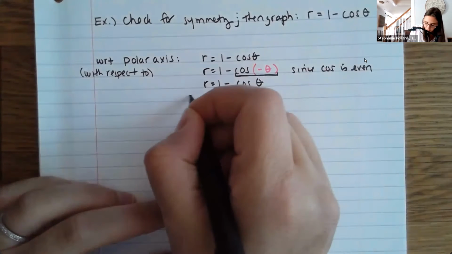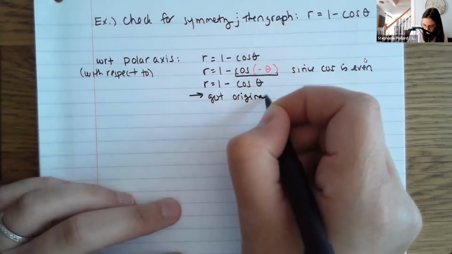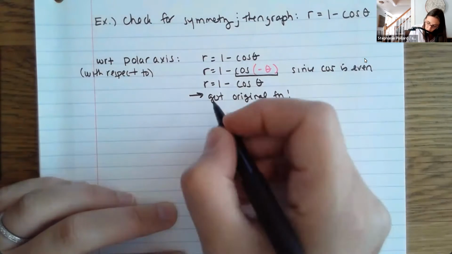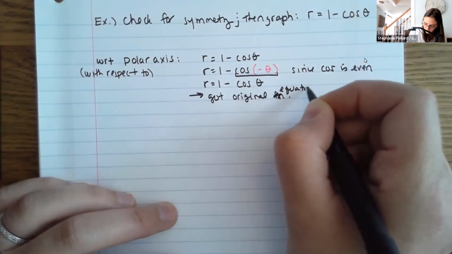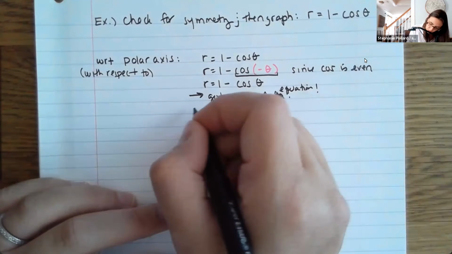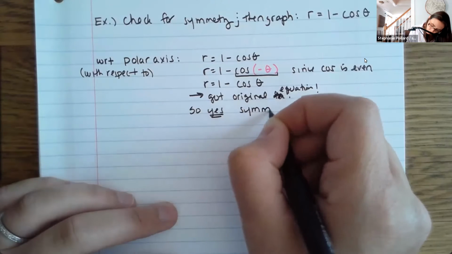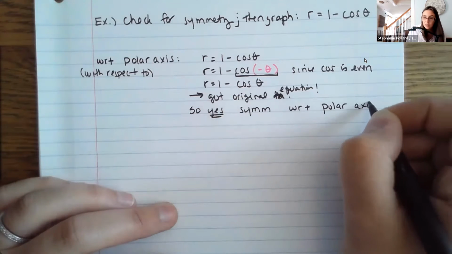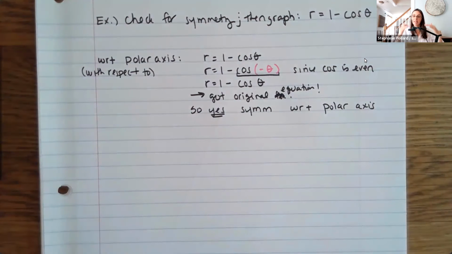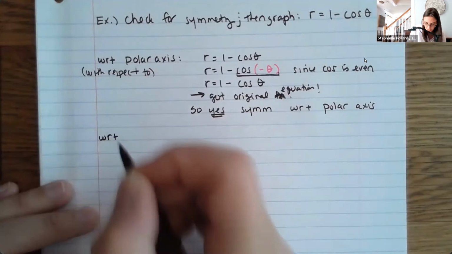So notice how we got the original equation here, not a function, equation. So yes, we have symmetry with respect to the polar axis. So I do have that kind of up and down symmetry for this equation when I graph it. Now you can have more than one symmetry, or you could have no symmetry sometimes too.